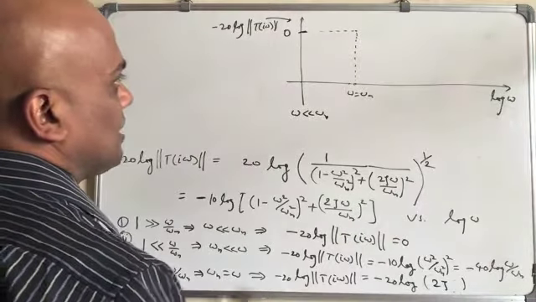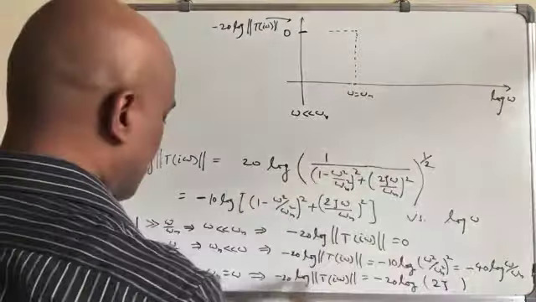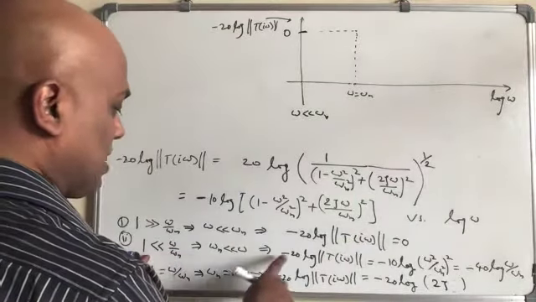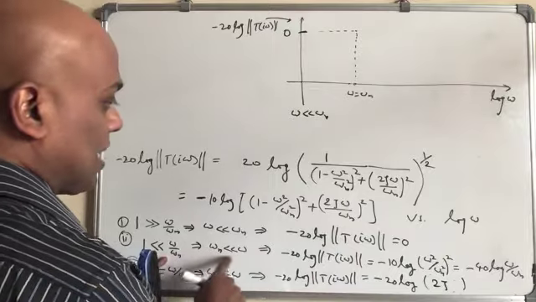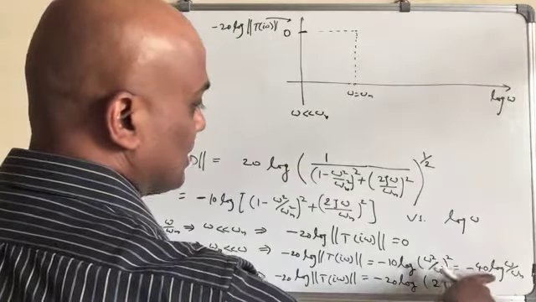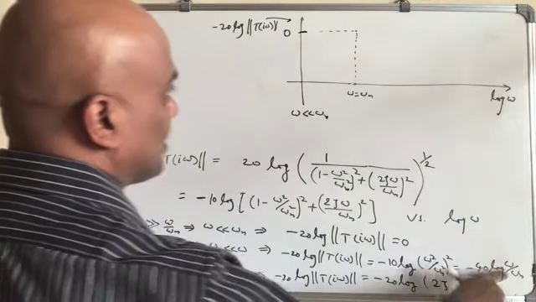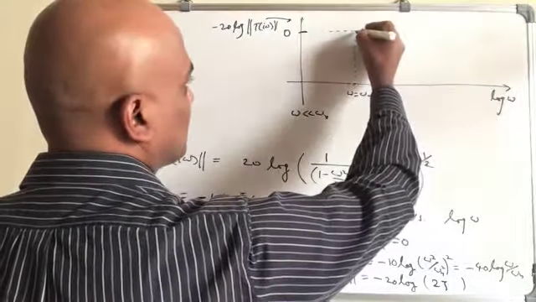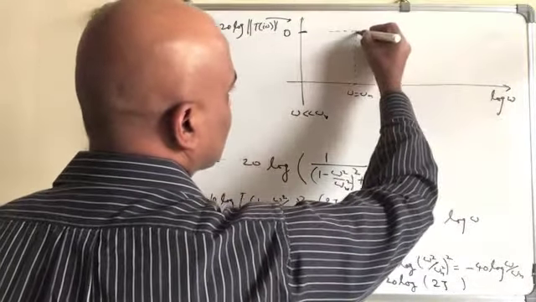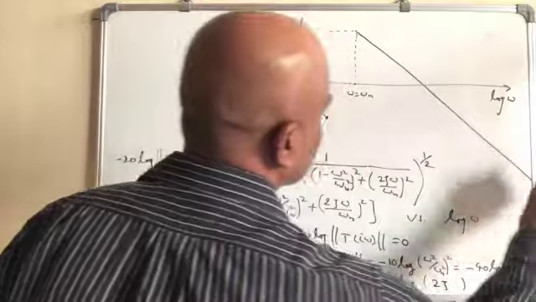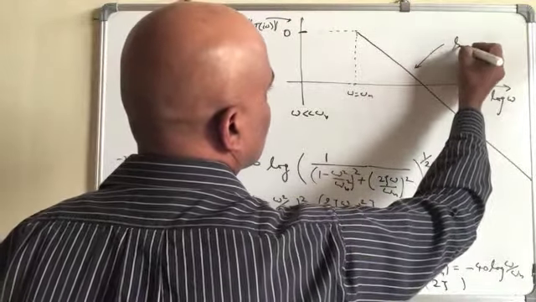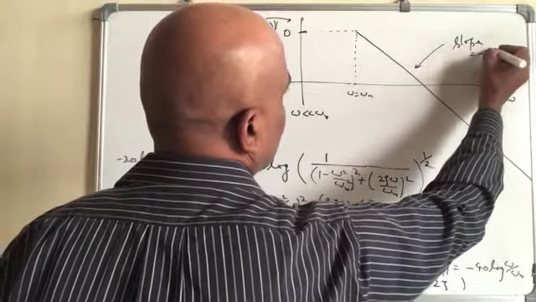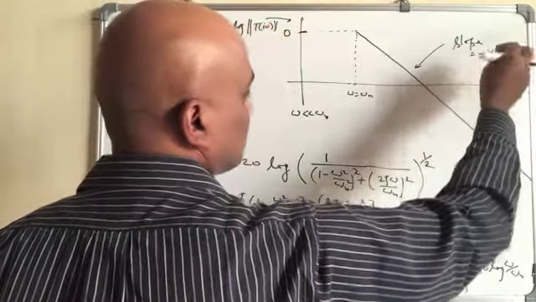And then from here, in the second case, when we have omega far greater than omega n, it becomes a straight line, right? This goes something like this after that, where the slope is equal to minus 40.